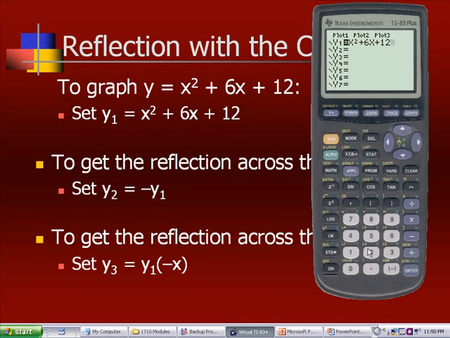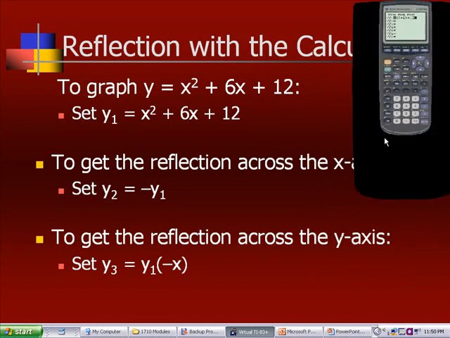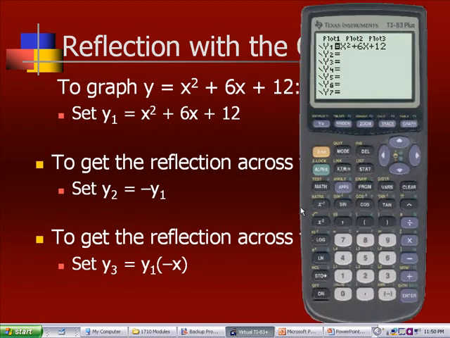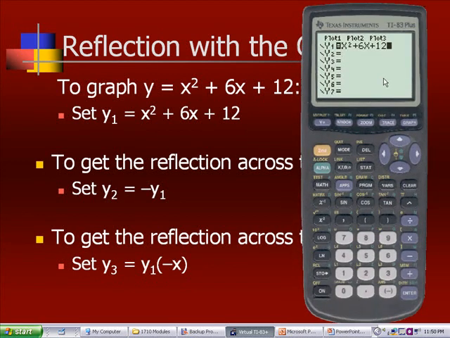And if we wanted to get the reflection across the x-axis, remember, we're going to change the sign on the y values. So what we're going to do is come down here to y2 and let that be the opposite of y1.